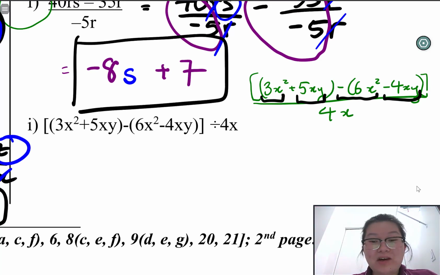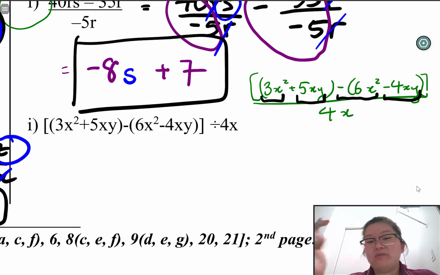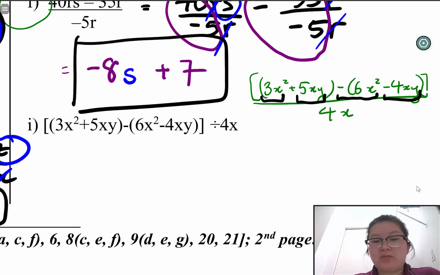So why don't we go ahead and try to simplify that first, so that we have something smaller that we can divide 4x by. So doing that, we need to first subtract polynomials inside these brackets. To do that, we need to dissolve the brackets and flip all of the signs inside our second polynomial.